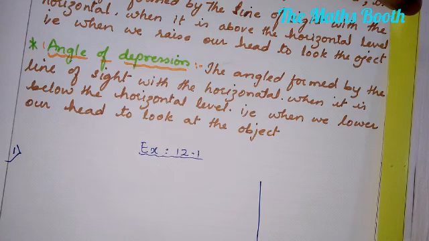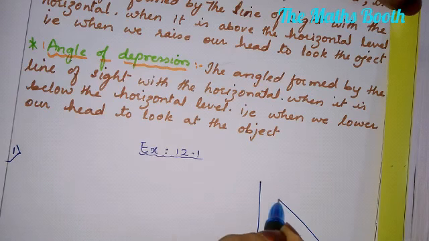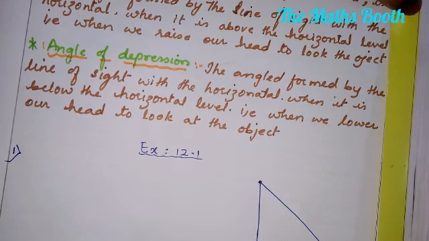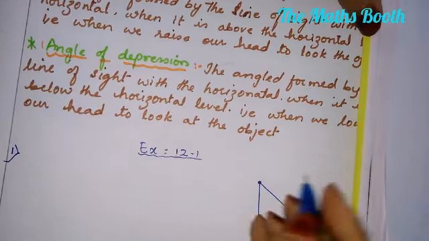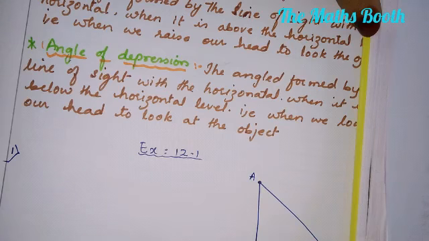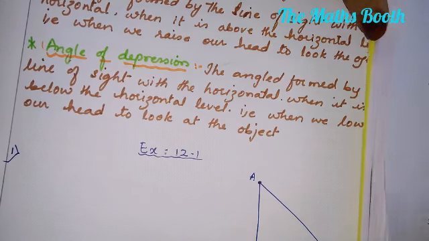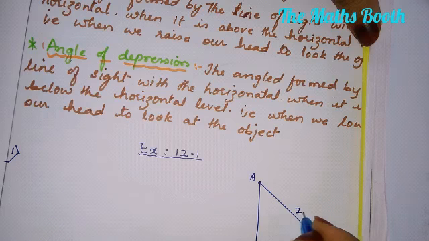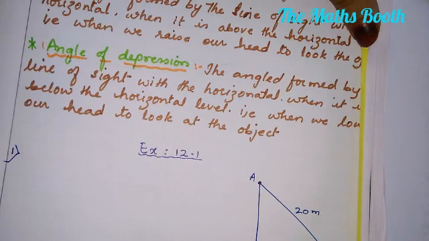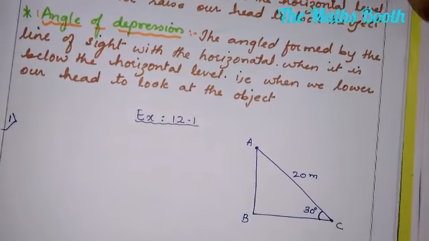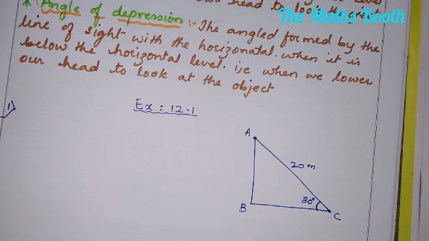From the ground level to the pole a rope is tied. From the ground level to the pole means it is angle of elevation. So they have given this as A, and this as B and C. Here the rope is 20 meters. Find the height of the pole, they have told. The 30 degree is also given.